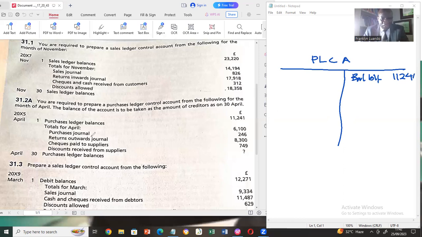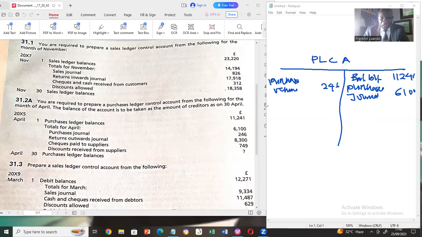We have the purchases journal, that's credit purchases, which is 61. We have purchases returns 246.